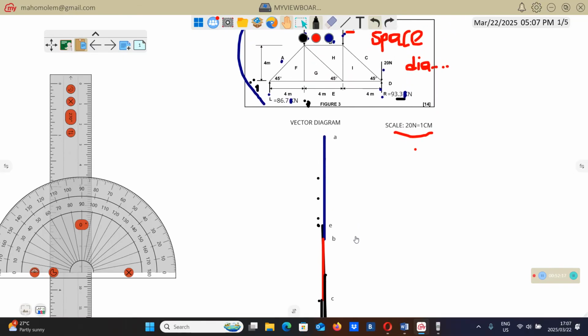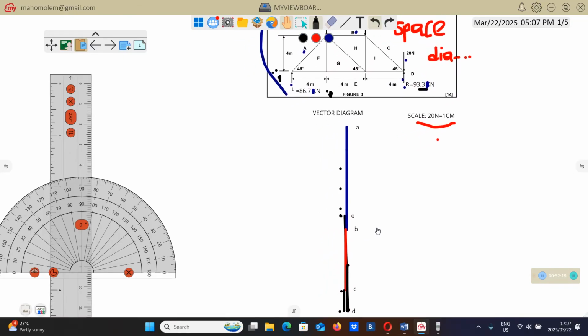So the only spaces that we don't have now are space F, G, H, and I. So we have to find the locations or the positions of those letters F, G, H, I. So let's start here. You can start anywhere, here or here. It's up to you.